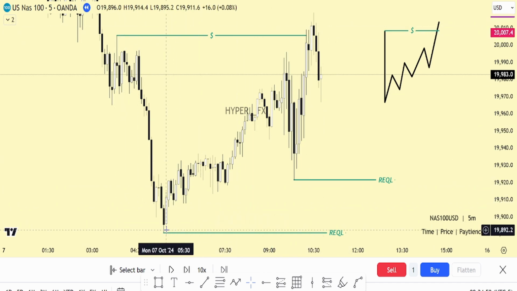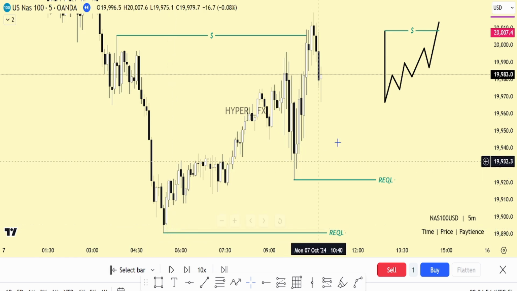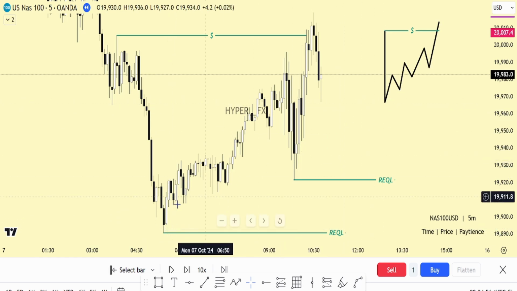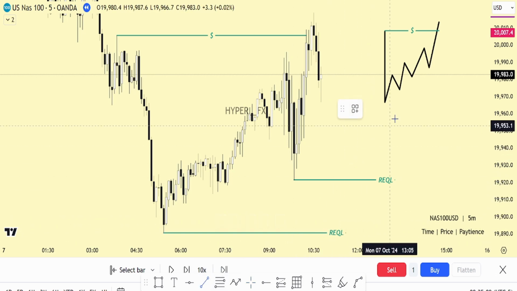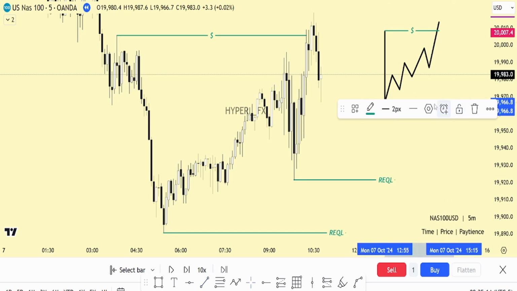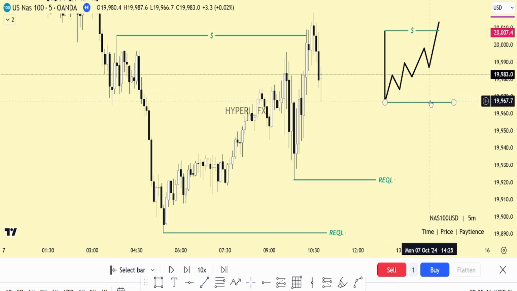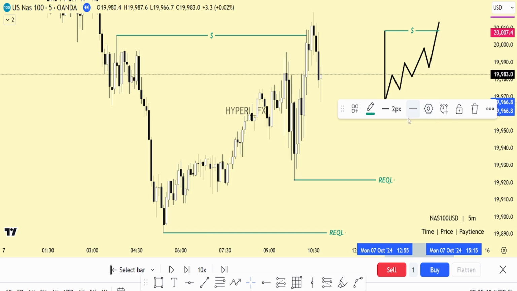So this low right here is hanging. This low here is this low, and there has not been any low that disturbed it. So given that it is still an undisturbed low, it is a relative equal low. So I'm going to mark out this one and call it a relative equal low.